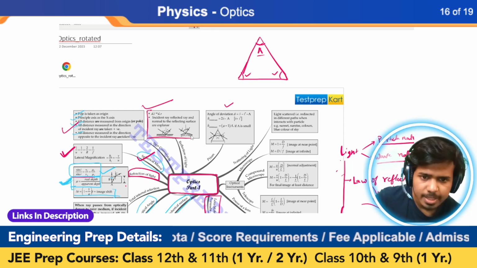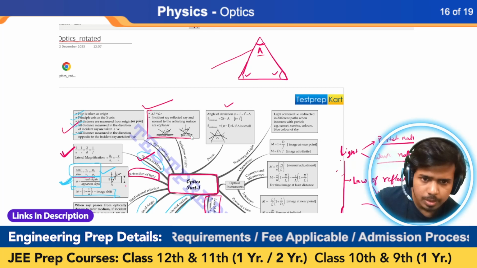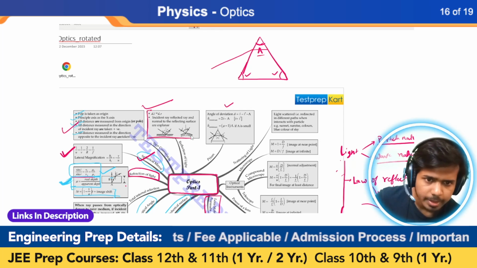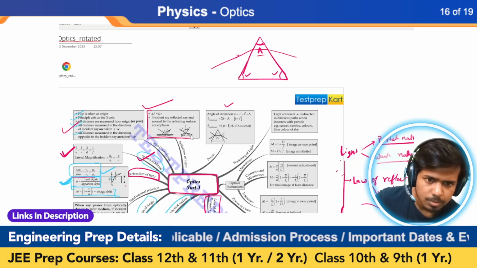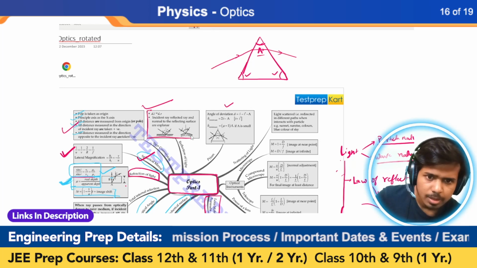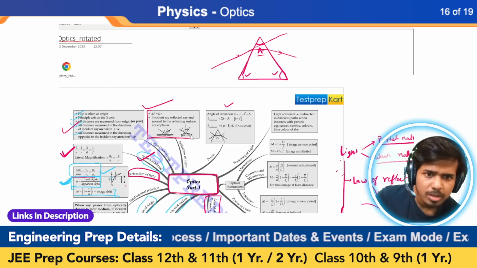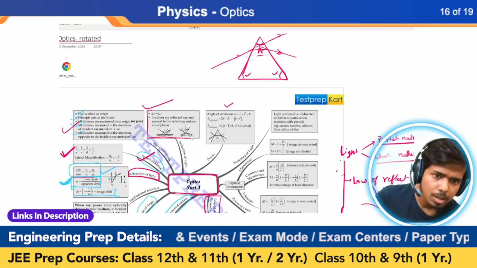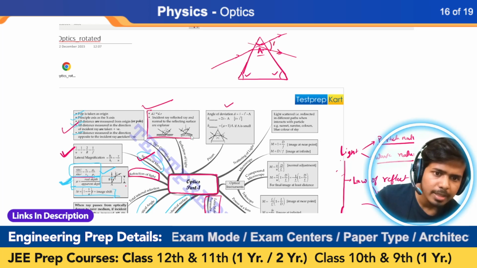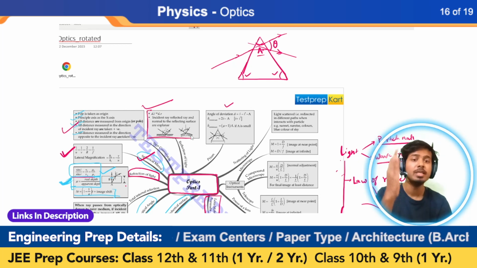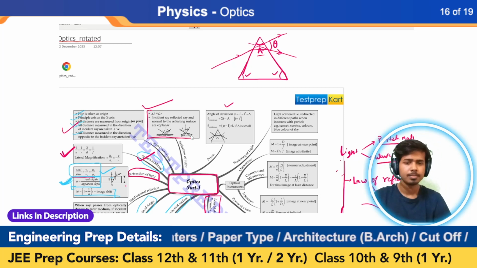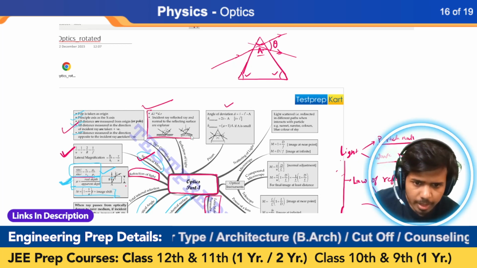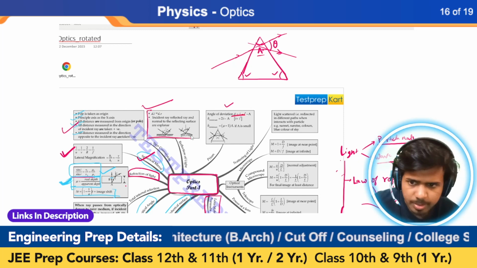And let's say light enters from here, goes here, and then comes out. Then this was the original path of the light, right? While this is the new path. This is the total amount of angle that the light has actually deviated due to the prism, right? So the angle of deviation could be found out in this manner.